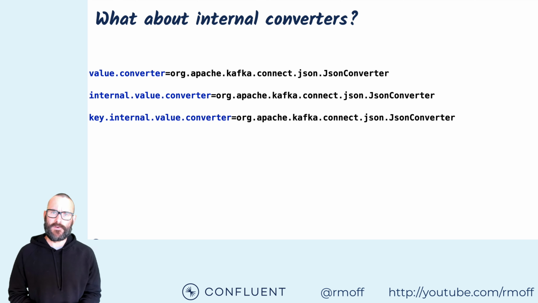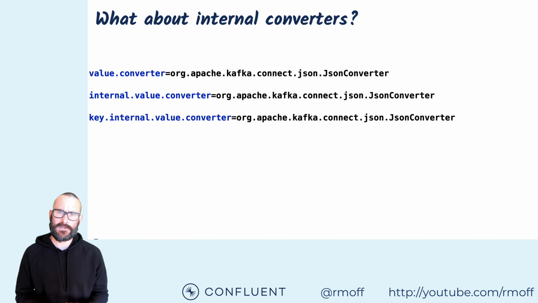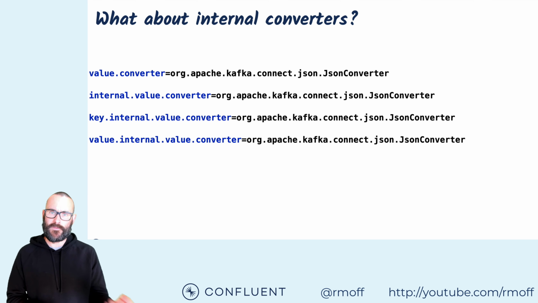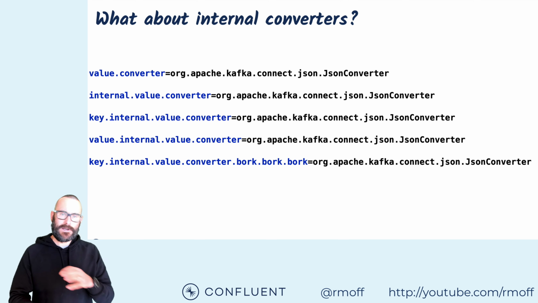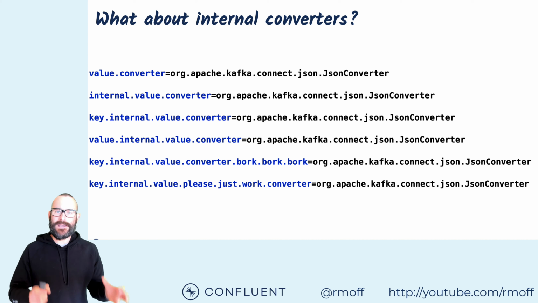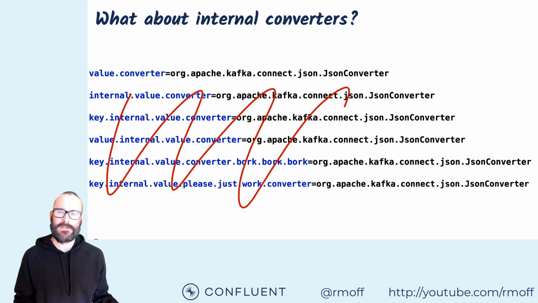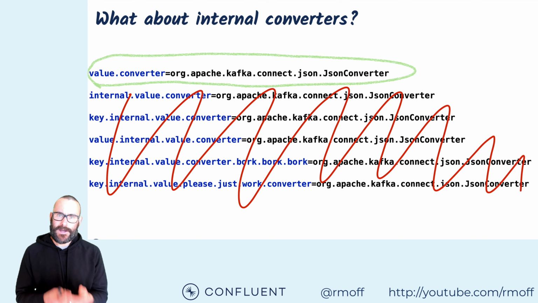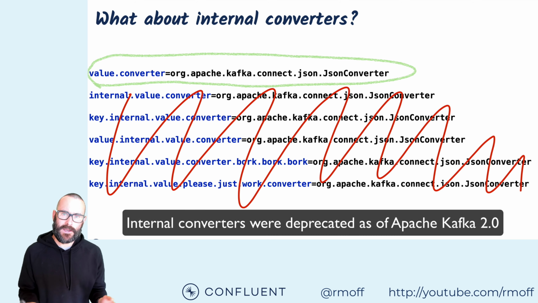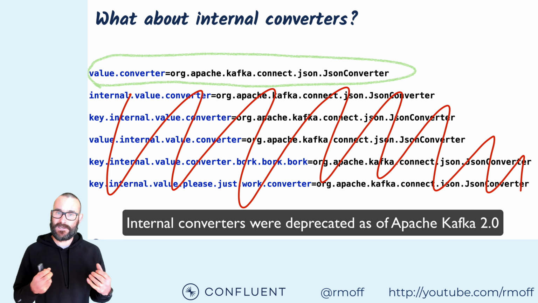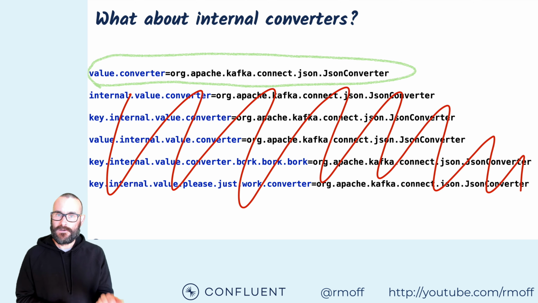I saw this thing on Stack Overflow, or I Googled something, and I found this blog that said I should also have a key internal value converter, and then things still aren't working, so I'm going to add in more and more of these things, and please just hope that something will work. Now, since Apache Kafka 2.something, it was quite a while ago now, those internal converter configurations have been deprecated, and you just specify your value converter and your key converter.